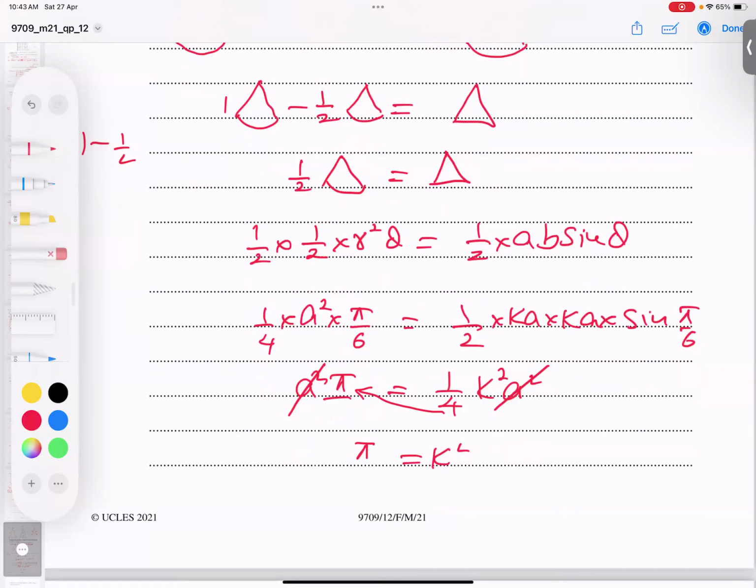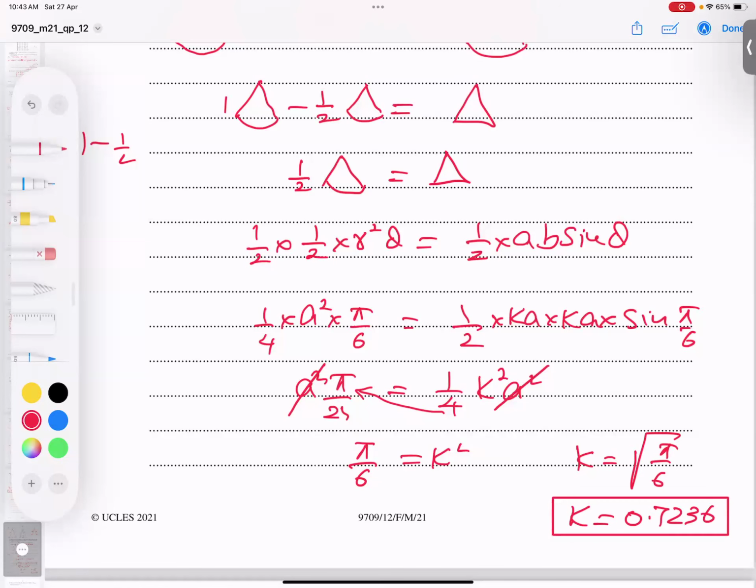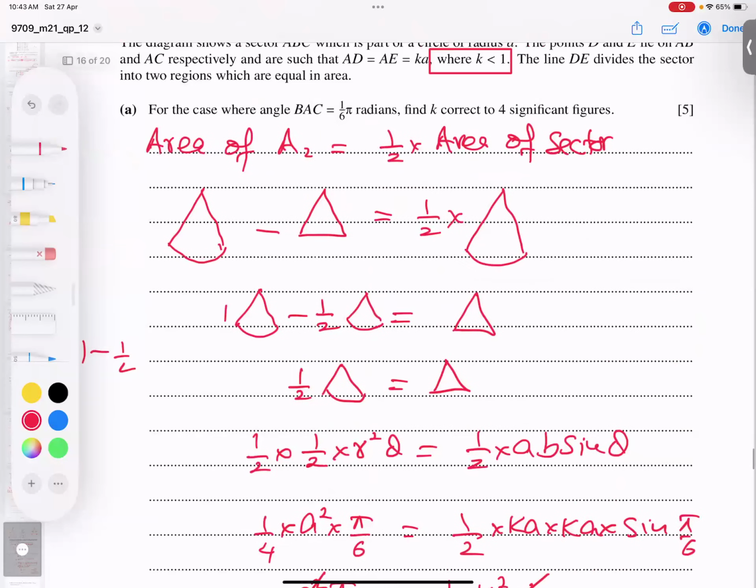Yes, this is 24. So I get 6. If I take a root of that, so root of pi by 6. And the k value is coming, let me check, pi by 6, 0.7236. So make sure this comes here and becomes negative. And from 1 subtract half, you get this one. Okay.